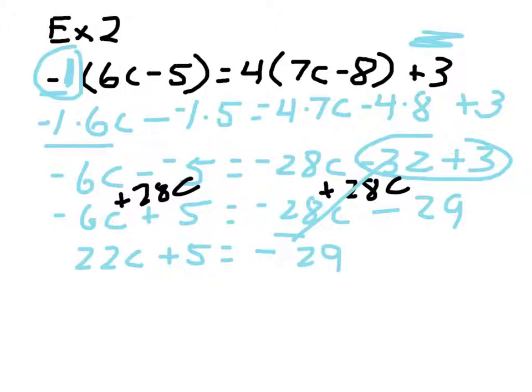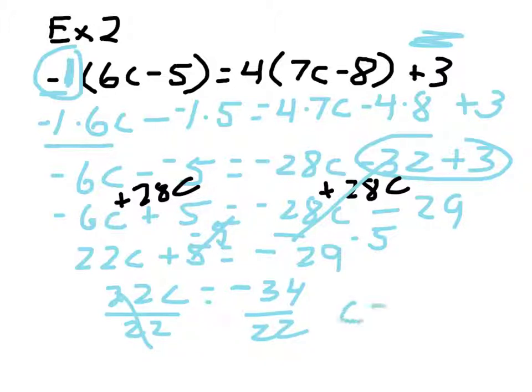Now they're adding 5, so subtract 5. So 22c is equal to negative 34. They're multiplying by 22, so divide by 22.